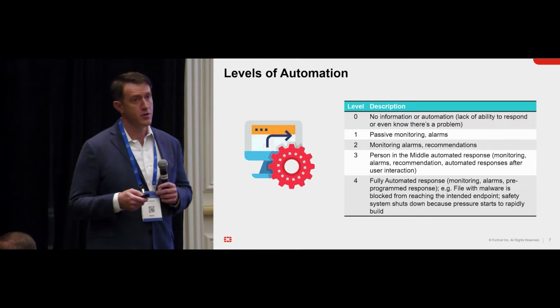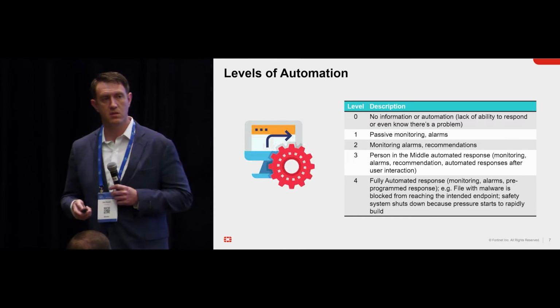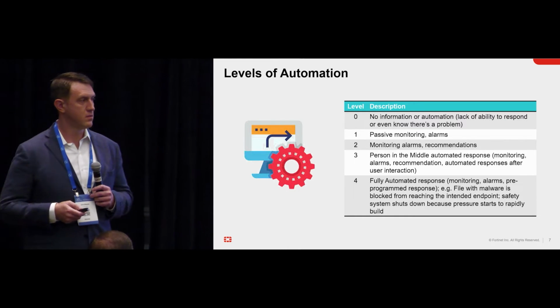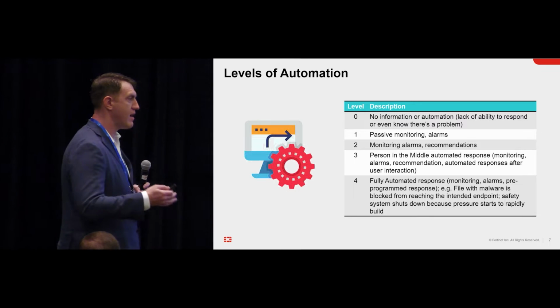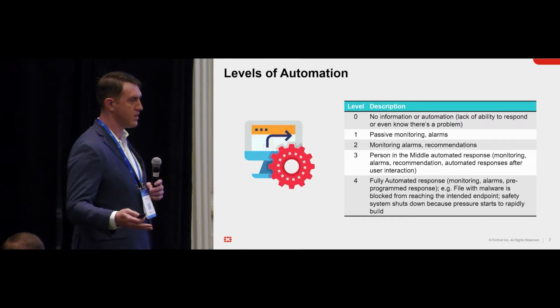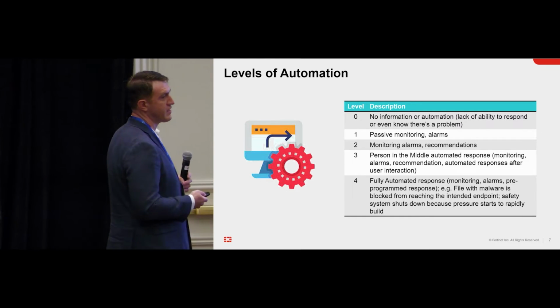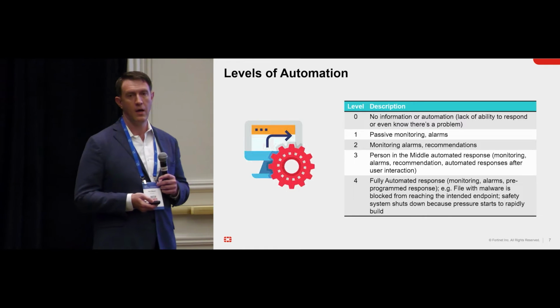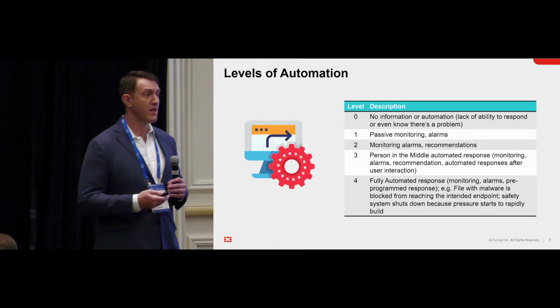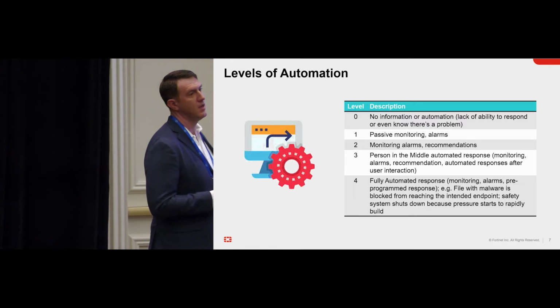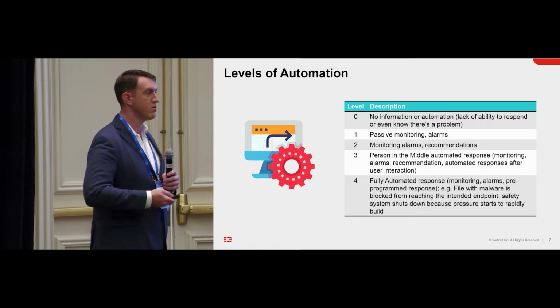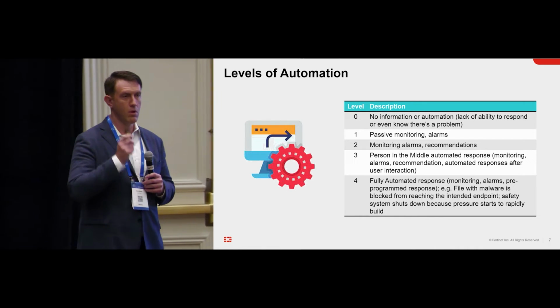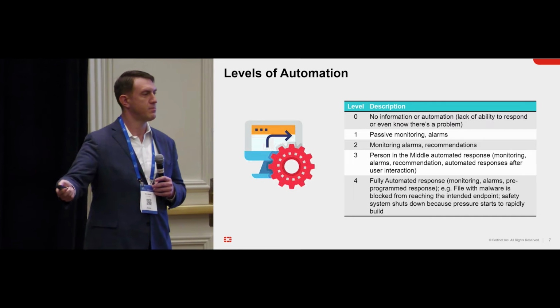Then we get into monitoring, alarms, and recommendations. This thing has happened. I recommend that you do X, Y, Z, right? What does that look like in the security context? That might be a playbook that you already have set up in some type of system where, something happens, you open the playbook and you execute the steps, right?